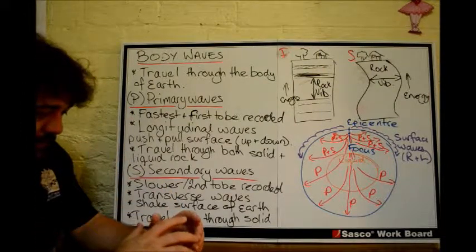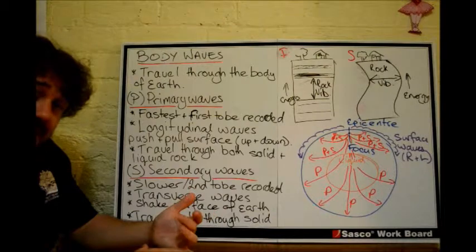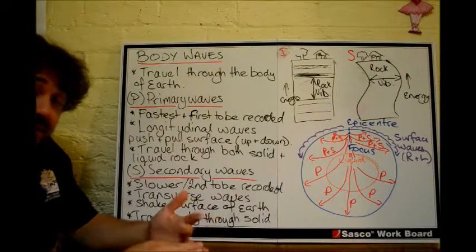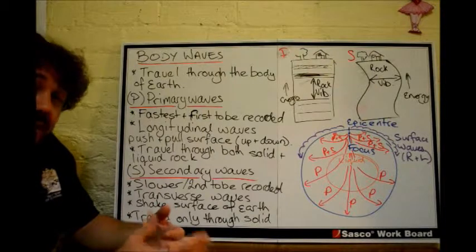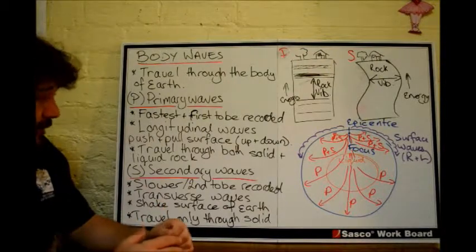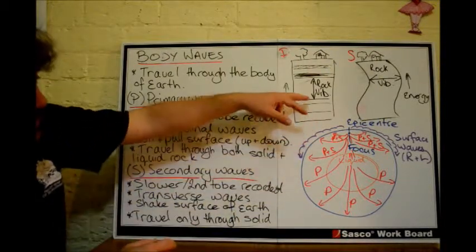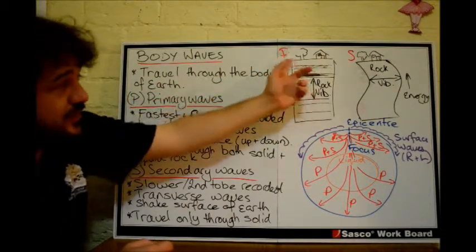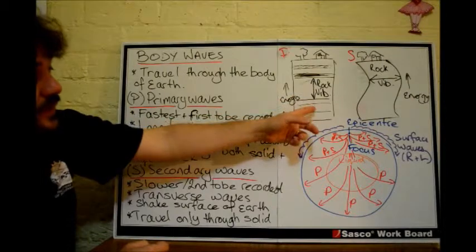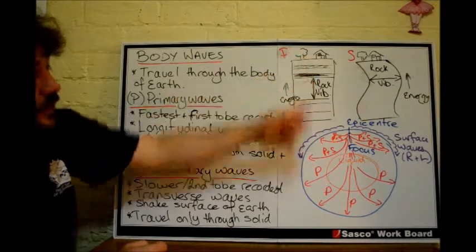Okay, so primary waves, the P waves, are the fastest, and therefore the first to be recorded, and that's why we call them primary waves. They hit there first. Now again, here we're talking about the Earth from beneath. So for the surface ones the energy goes this way. For these ones, the energy goes up.